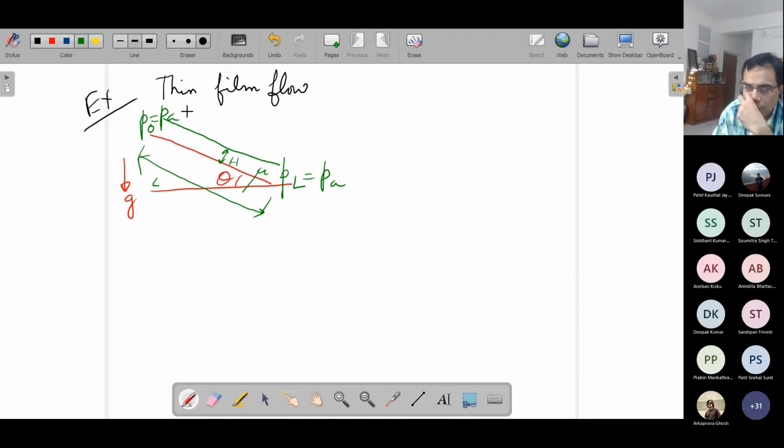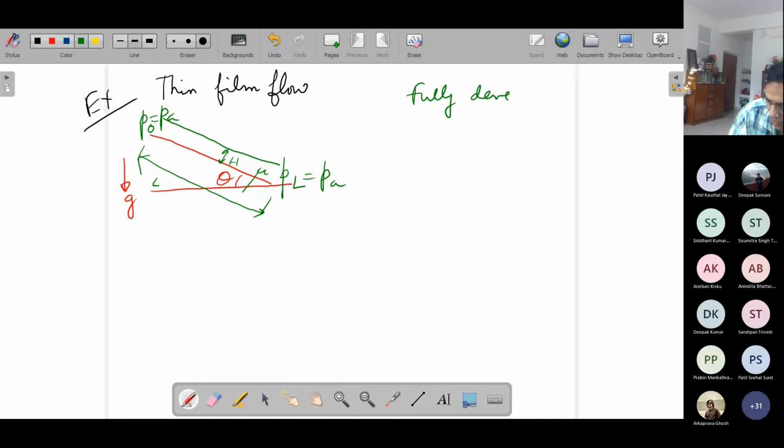So there is no pressure gradient imposed. So the only effective pressure gradient imposed is due to the gravity effect, by which the fluid is coming down the incline. But when it is coming down, viscous effects are resisting, and therefore in equilibrium, when it is fully developed, so fully developed means the forces are in equilibrium.